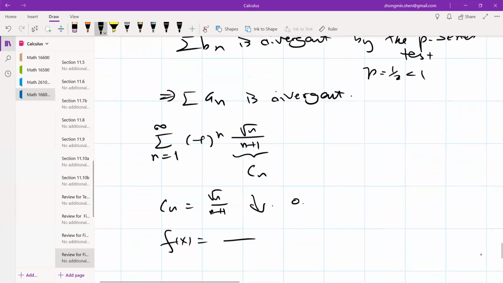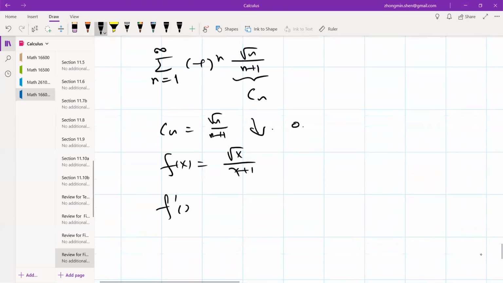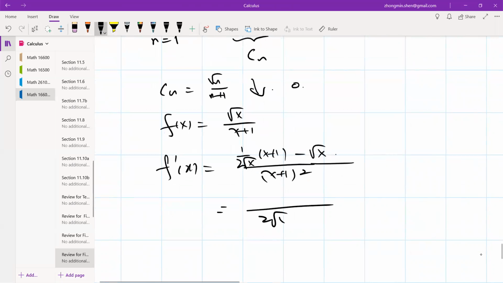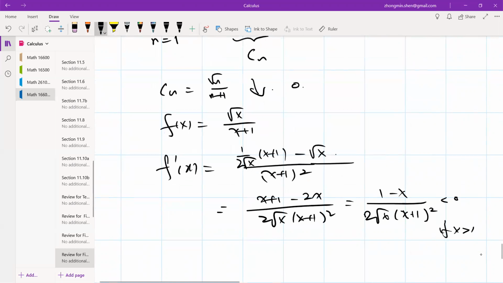f of x equals square root of x over x plus 1. So when you differentiate, you get x plus 1 times the derivative of the square root, minus square root of x times the derivative of the denominator, which is 1. So you will get x plus 1 minus 2x, which is 1 minus x, and this is clearly less than 0 for x greater than 1. So it's decreasing.